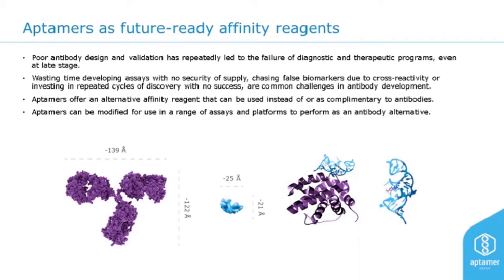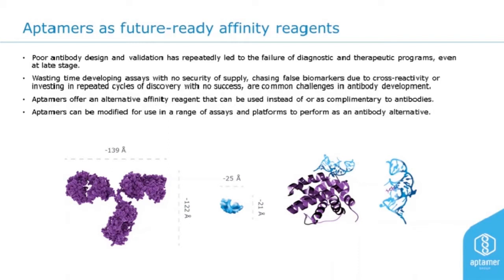They can also lead to incorrect binding due to cross-reactivity or poor specificity, and it may not even be possible to generate an antibody against your target of interest. So you might go through the antibody cycle, as it were, time and time again and get nowhere. These are the reasons that customers often come to us looking for an alternative. And that alternative, in our eyes, is an aptamer.